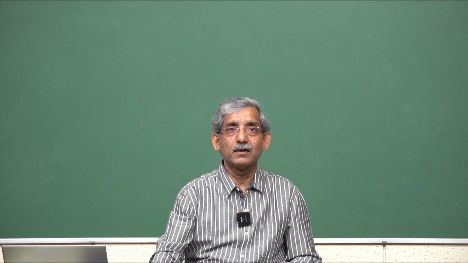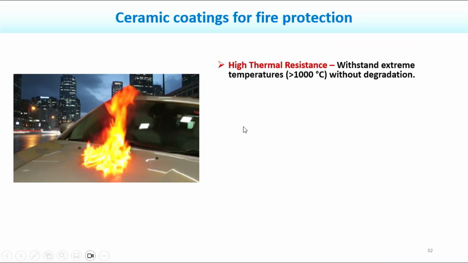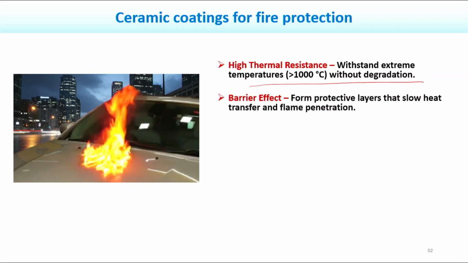Another coating is a ceramic coating for fire protection. Ceramic is highly thermal resistant, so it can withstand extreme temperature without degradation. It provides a barrier effect from the protective layer that slows down heat transfer and flame penetration.